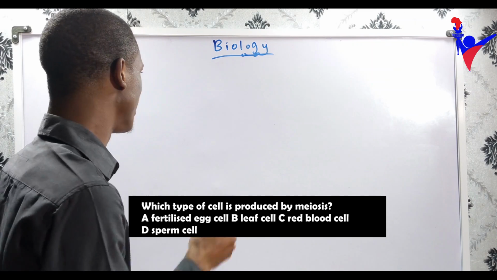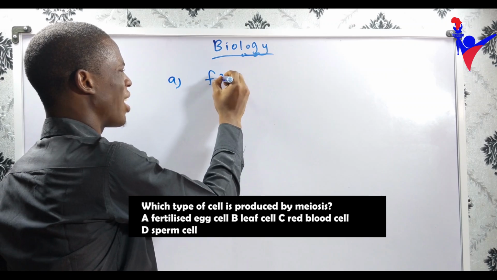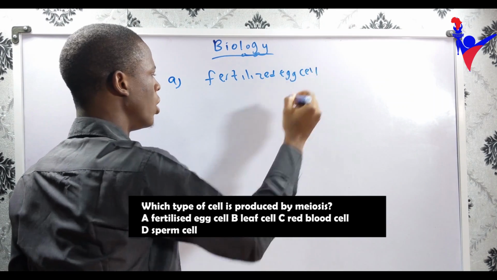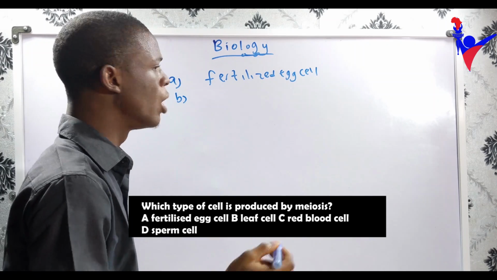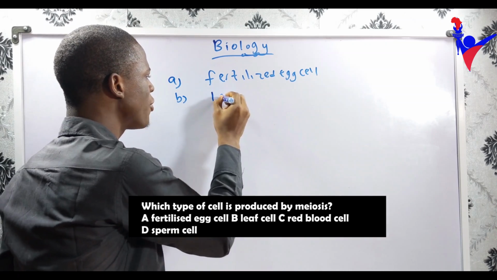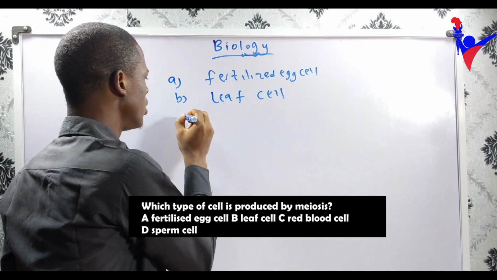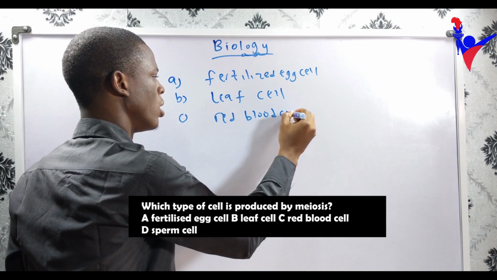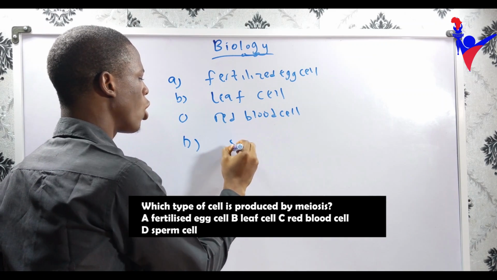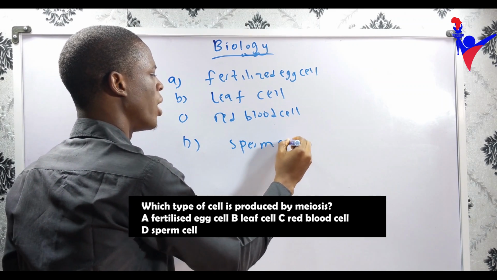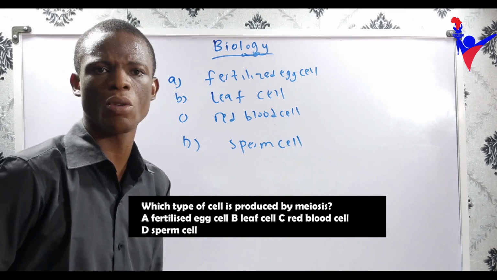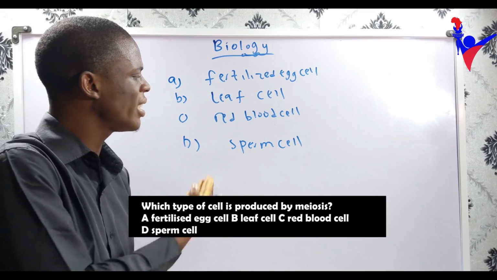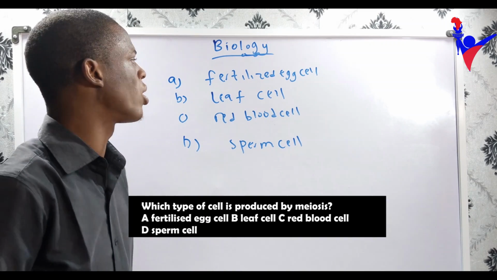The first option is a fertilized egg cell, the second option is a leaf cell, the third option is a red blood cell, and the last option is a sperm cell. They're asking in which type of cell meiosis occurs.